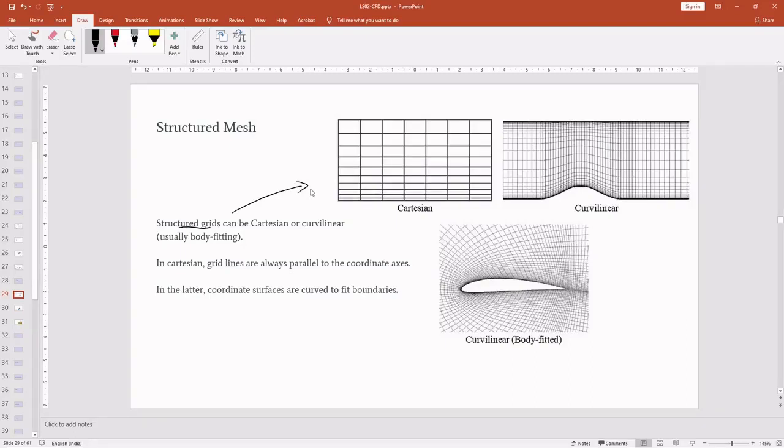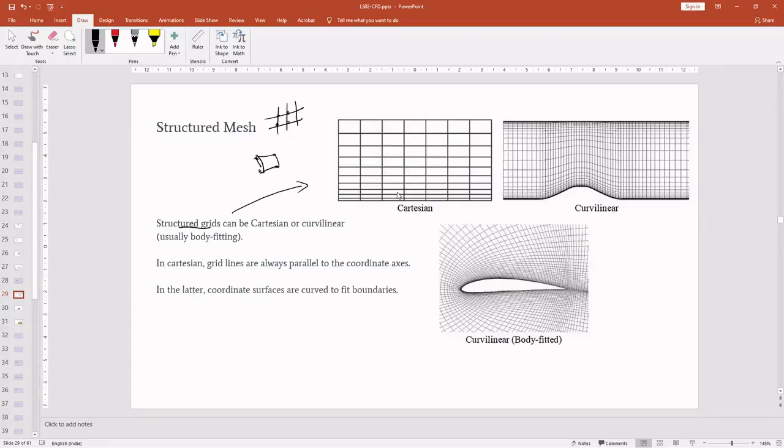If the grid points or nodes of the cells can be mapped to the coordinate axes of some coordinate system, then it is called a structured mesh.